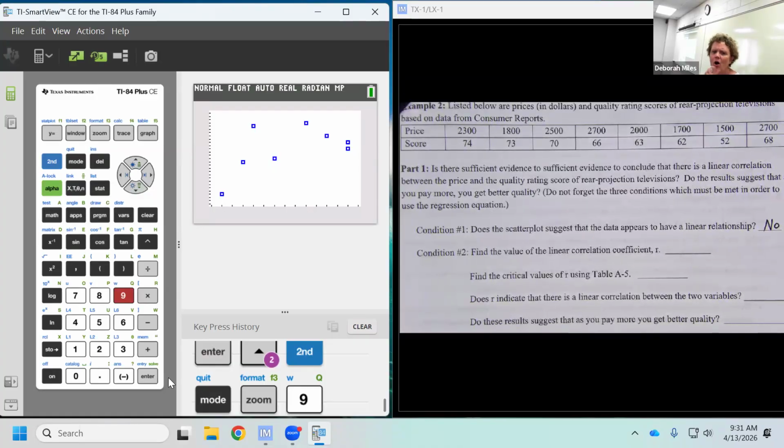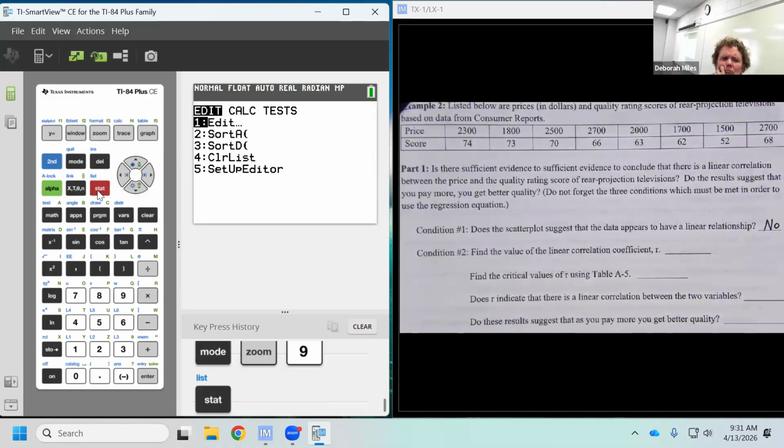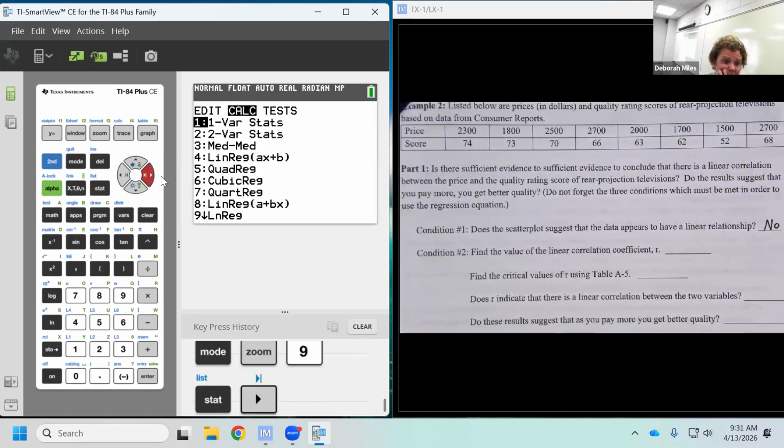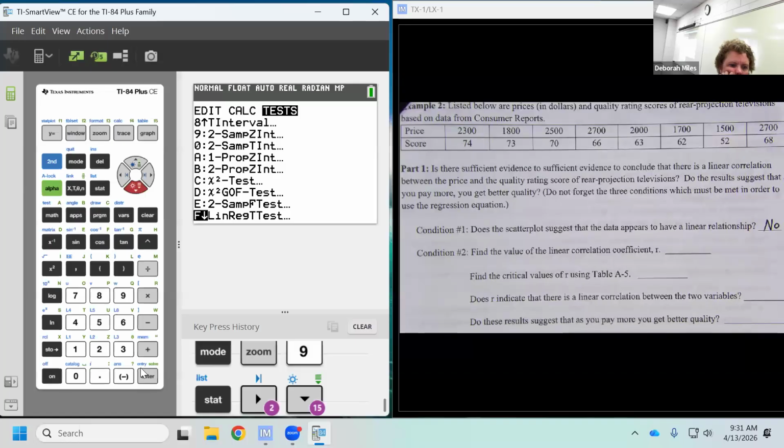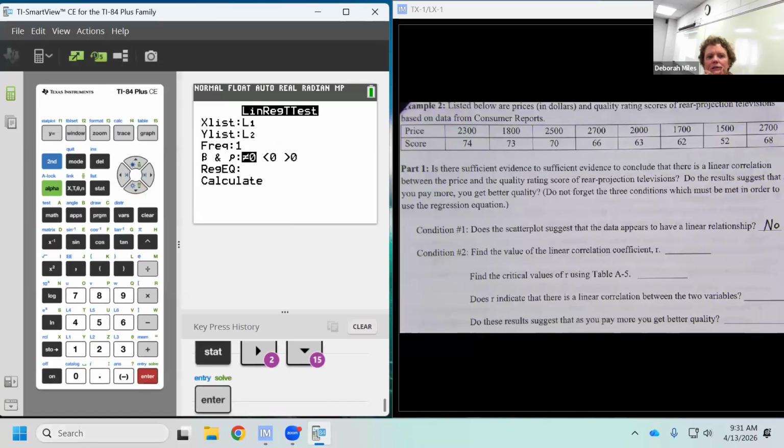So where do I find my R value? Test. Okay, under tests, and either scroll down. I always scroll down because I don't want to look for my F. It should already be all set up for me.